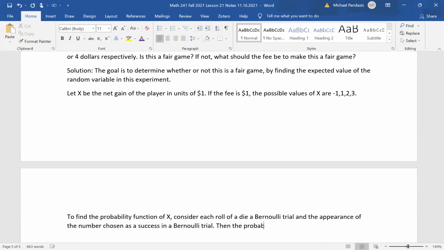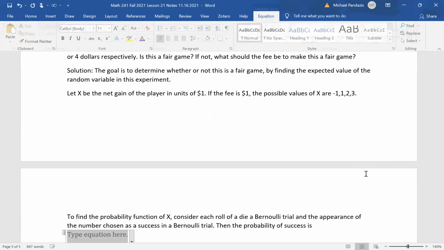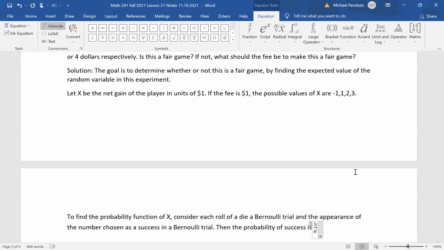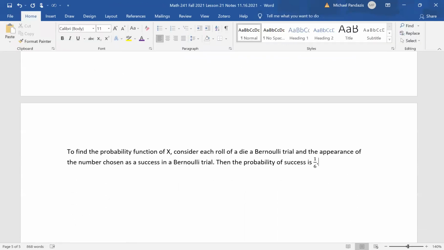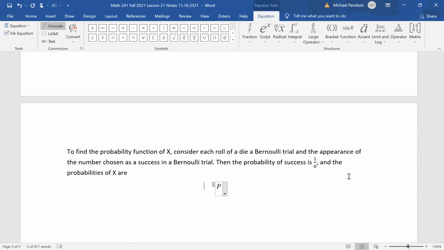Then the probability of success is 1/6. Because you choose a number, and every time you roll a die, you have a 1/6 chance of rolling that number.